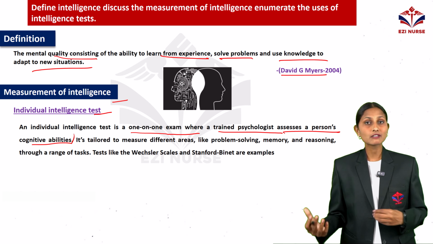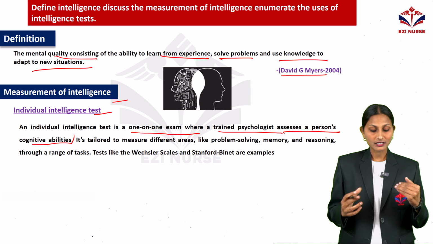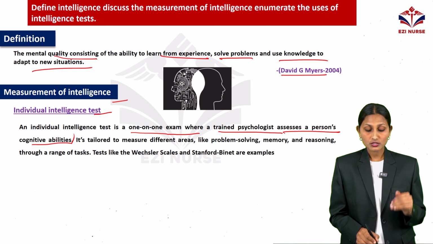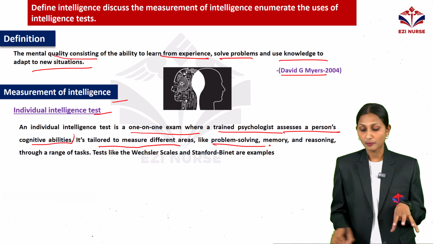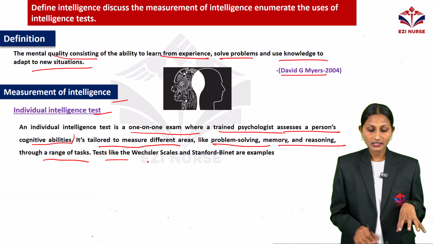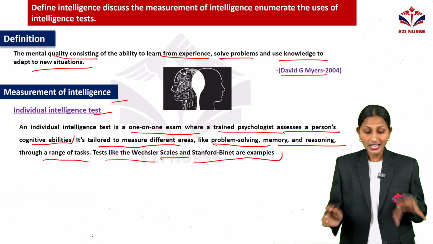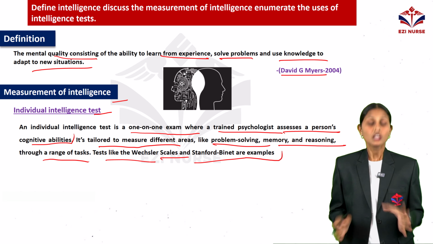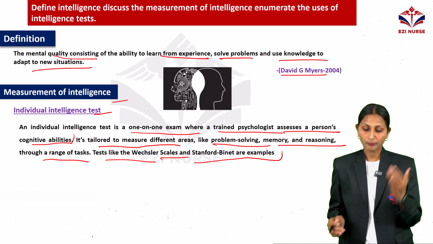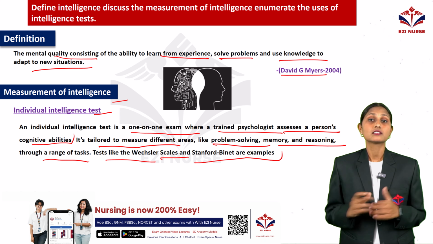It is tailored to measure different areas like problem solving, memory, reasoning through a range of tasks. Tests like the Wechsler scale and the Stanford-Binet, for example. In that, the psychologist will mainly focus on the person's ability of problem solving, memory, and how the person is performing the reasoning.